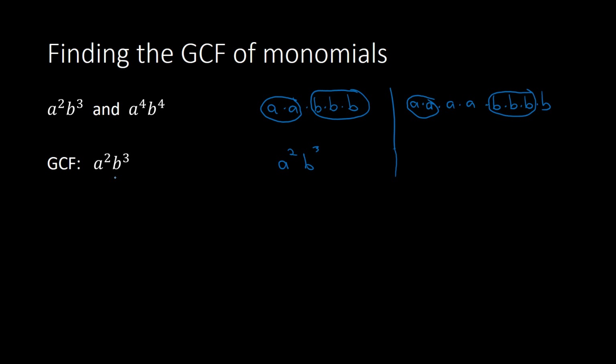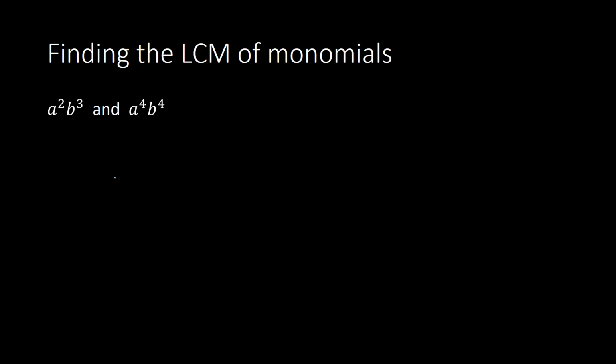And then for the LCM, least common multiple, we're doing the same process we did with numbers, where we see what factors we have represented. Well, we have A's and we have B's. And the question is, how many of each do we take? So we're going to ask ourselves, which one has the most?